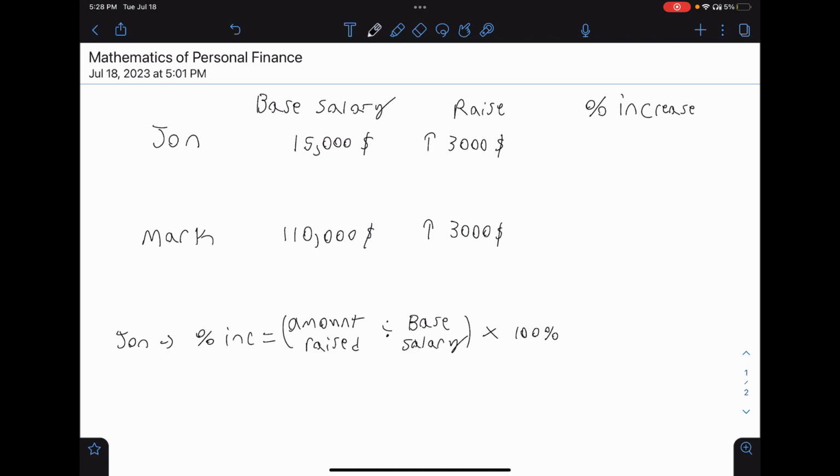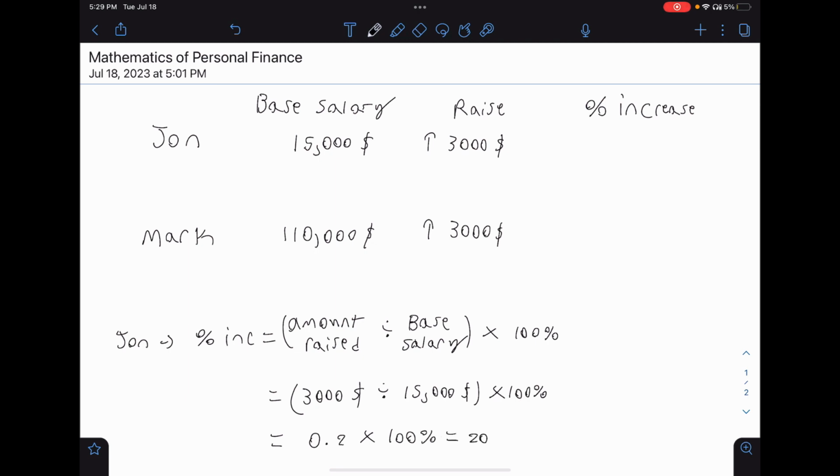So let's do this. So amount raised, that's $3,000, divided by base salary, that's $15,000 for John, times 100%. So 3,000 divided by 15,000, that's 0.2. So 0.2, and then we have times 100%. That's equal to 20%. So what was John's percent increase?